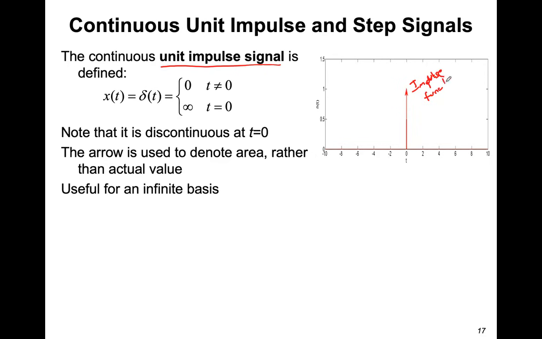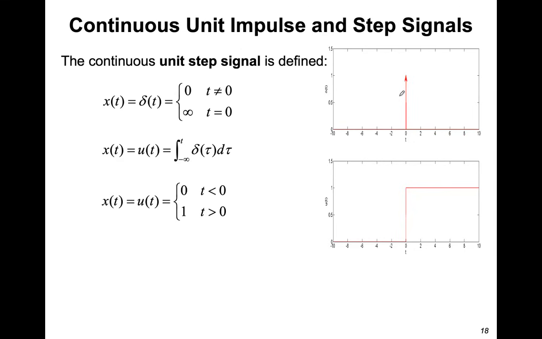These are the names: unit impulse, or Dirac delta function. Okay. So these are the things that we are talking about. So there is one. Let me remind again, the area under this thing is equal to 1.